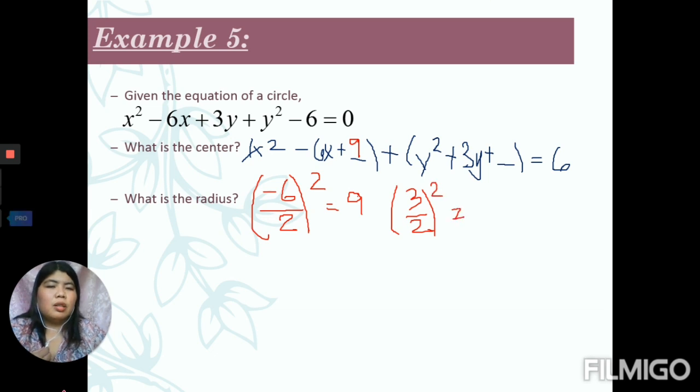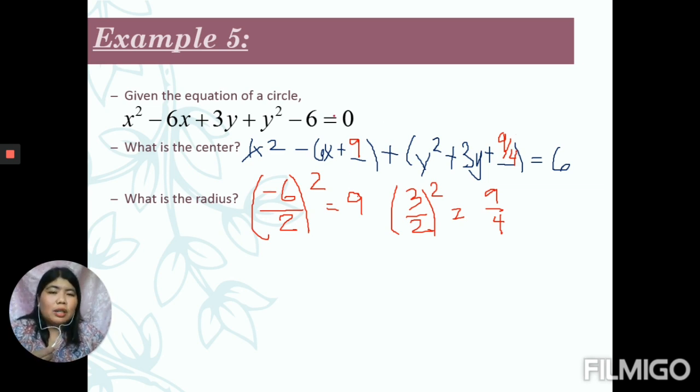Hindi siya pwedeng i-divide, hindi sakto, so square nyo lang yung numerator and denominator. So, magiging 9 over 4. Dadagdag. And remember this, kailangan tandaan nyo to.